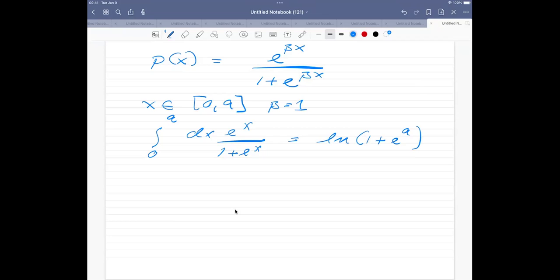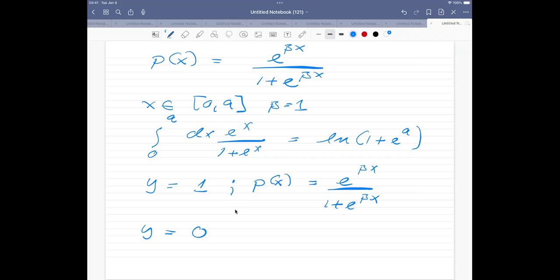Now we have only two cases. So we have the case with y equal to 1. And we could say now that the p of x for that specific case is equal to e to the beta x over 1 plus e to the beta x. The other case, the other output, is y equal to 0. So since we only have two cases, then there are only two probabilities.